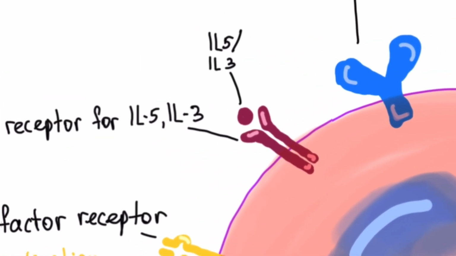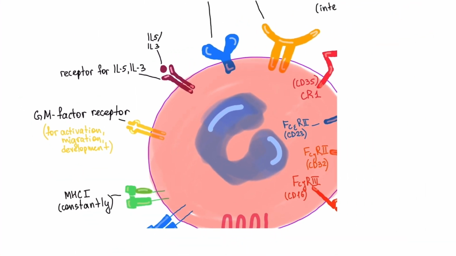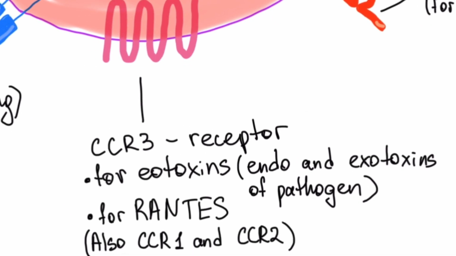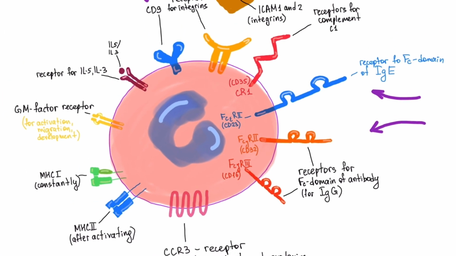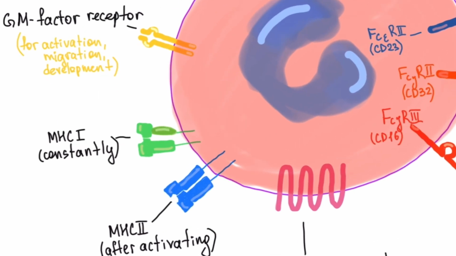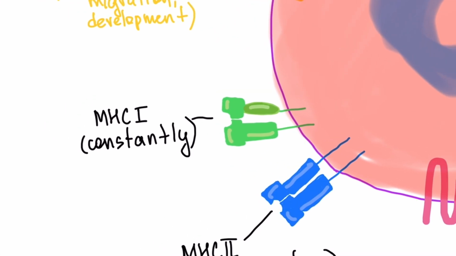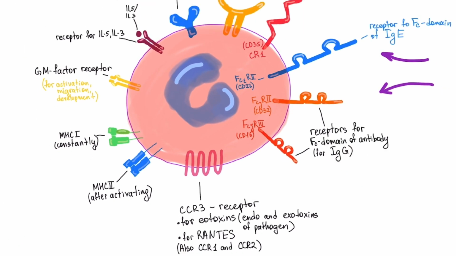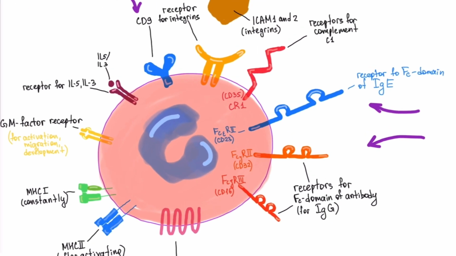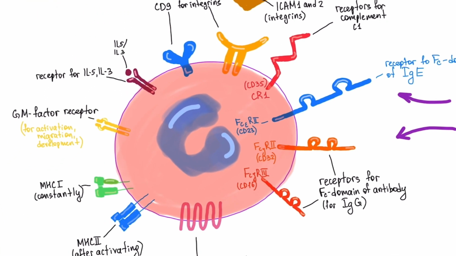And they have receptors for cytokines like interleukin 5, interleukin 3, GM-CSF, and receptors for different chemokines, for example CCR3. We'll discuss different chemokines soon. And also they express MHC second after activation, and MHC first constantly. Also, they have adhesion molecules on their surfaces like beta integrins type 1, 2, and 7.